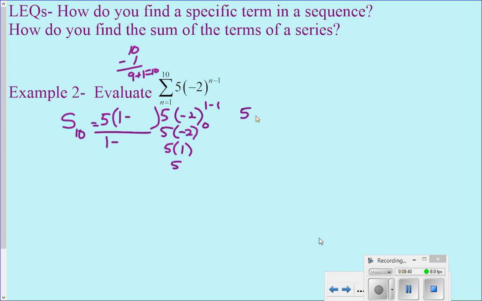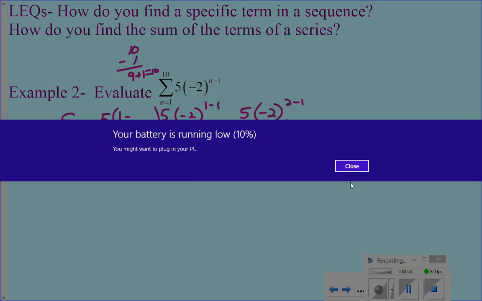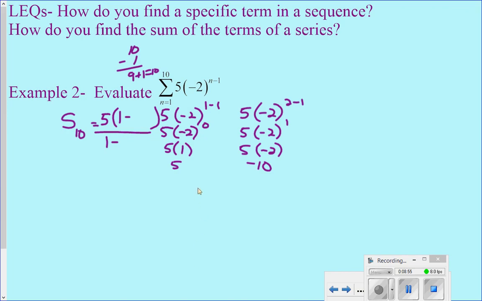So 5 times -2 to the 2 minus 1 gives me 5 times -2 to the 1. -2 to the 1 is -2, and 5 times -2 is -10. So to get from 5 to -10, I know I multiply by -2. So r is -2. Back to my formula, I have 5 times 1 minus -2 raised to the 10th power, over 1 minus -2.